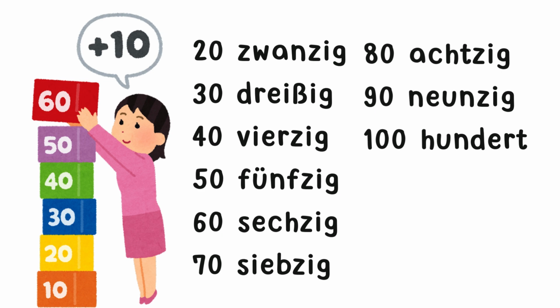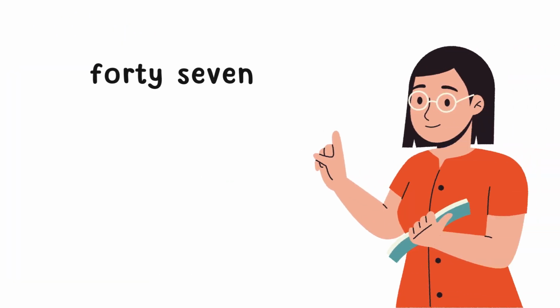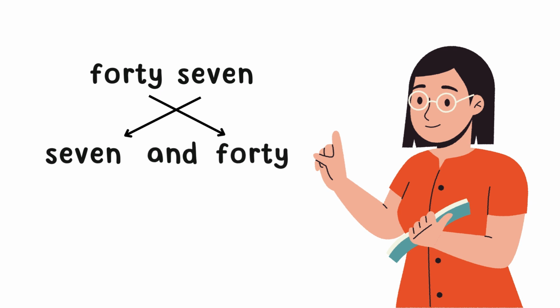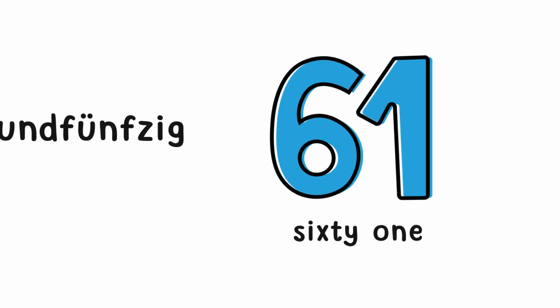Let's try to do a couple more together using these numbers. The number is 47. Put the last digit first, 7 and 40, which makes it 47. Give this one a try. Sehr gut. It's 54. Here is the next one.